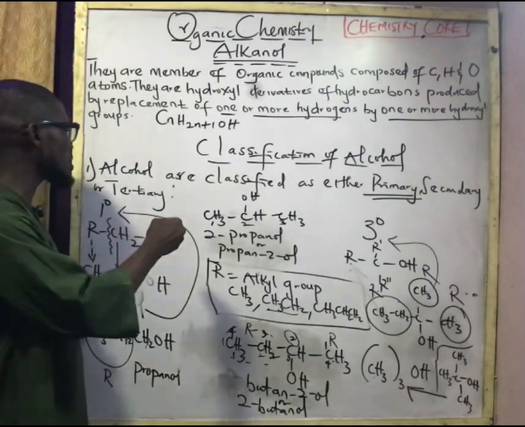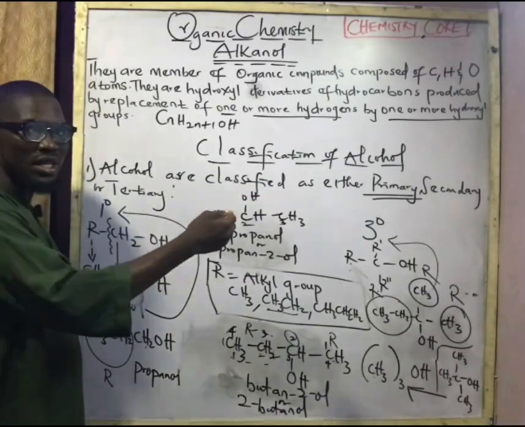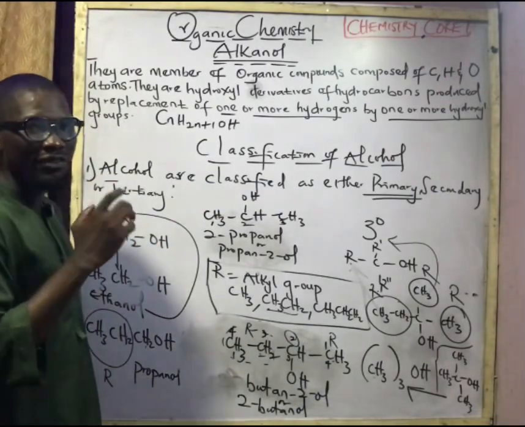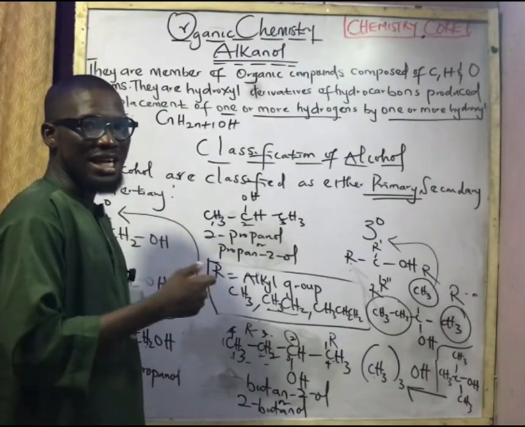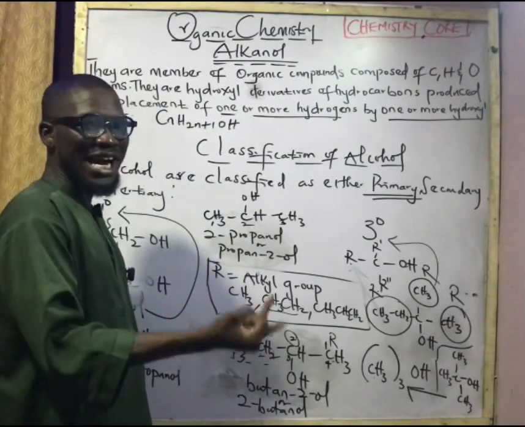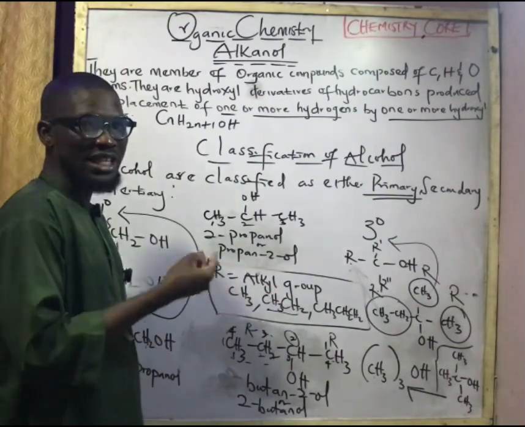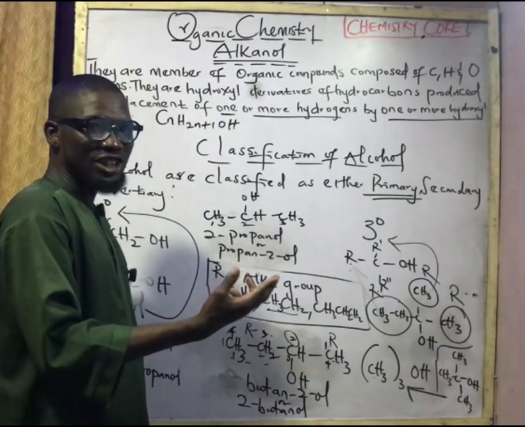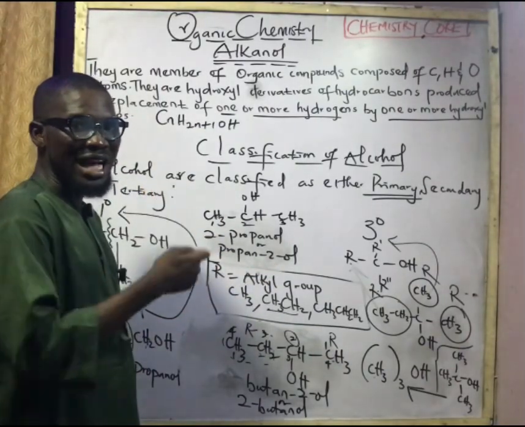because the first classification of alcohol is that alcohols are classified as either primary, secondary, or tertiary. And we still have two more. The second one is they are classified as monohydric, dihydric, or trihydric. Are you with me now? The monohydric has 1 hydroxy, dihydric, we call them, they have 2 hydroxy attached to them.